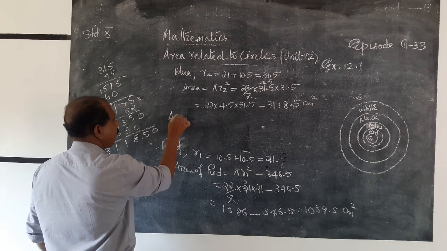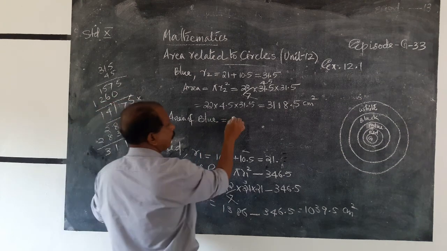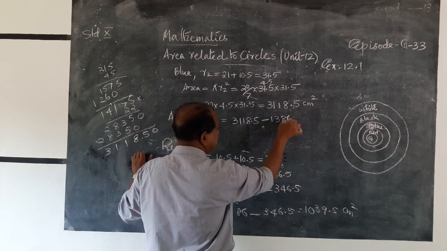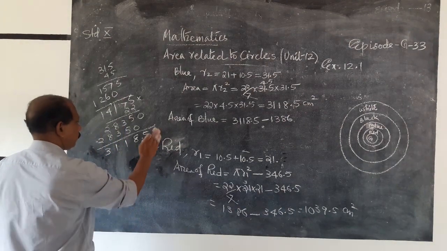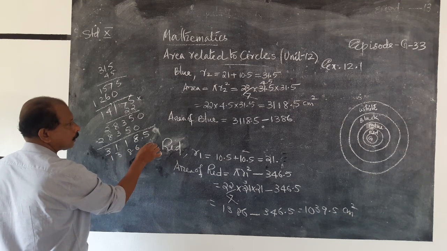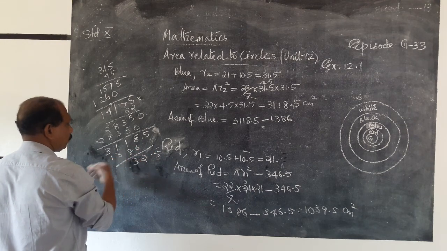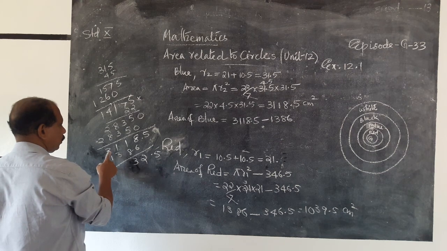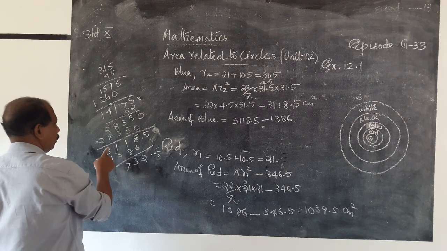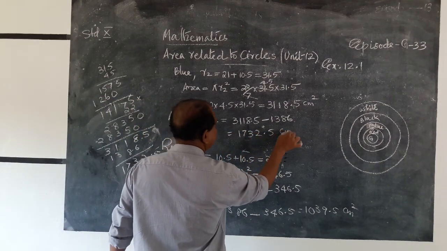Therefore, area of blue is equal to 3118.5 minus 1386, which is equal to 1732.5 centimeters square. That is the area.